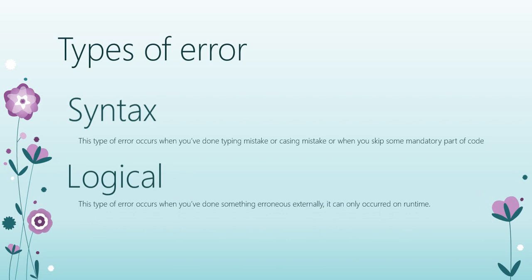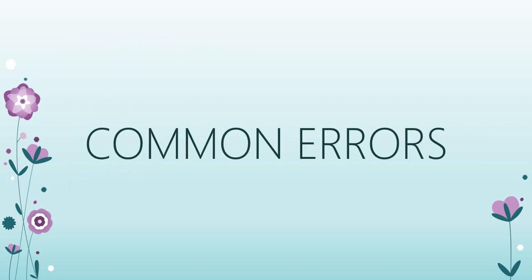I'm going to tell you about some errors that are very common and occur more frequently in projects. Most of the mistakes we make are logical errors. So let's see the common errors.